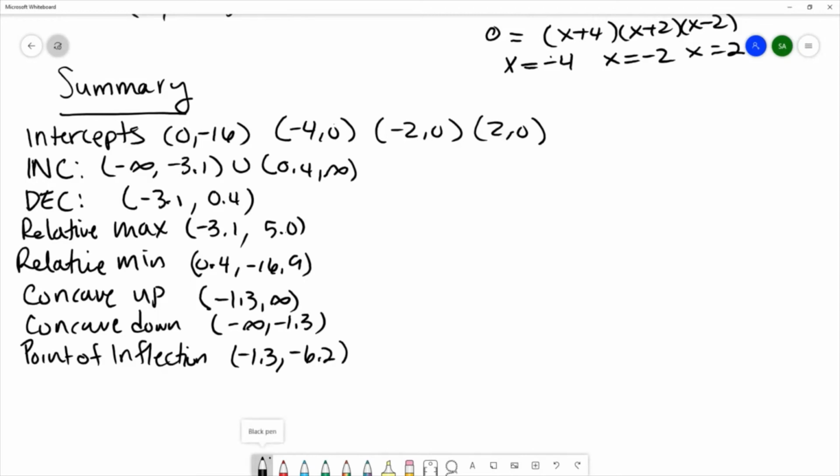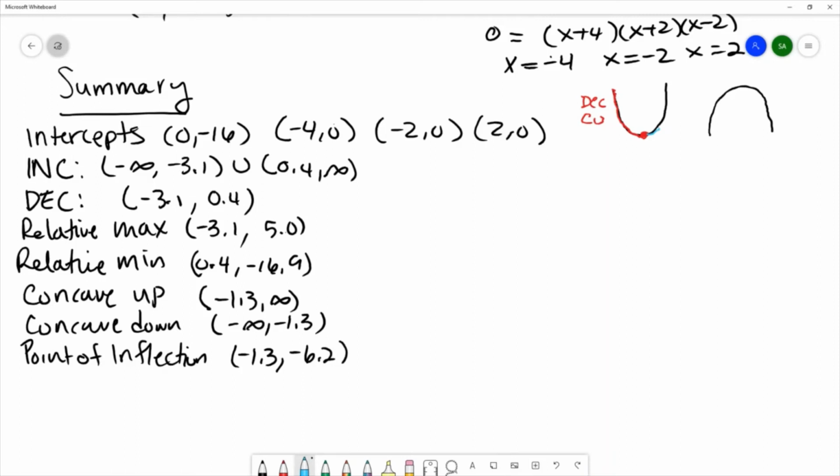So for concavity, I'm going to draw an up-facing parabola and a down-facing parabola because they give us a really good example of how to draw the different types of concavity. So along this portion right here, on the up-facing parabola, we have decreasing, and an up-facing parabola represents concave up.